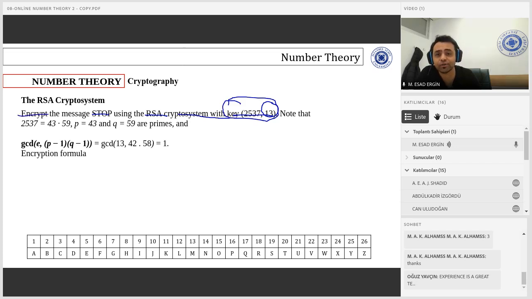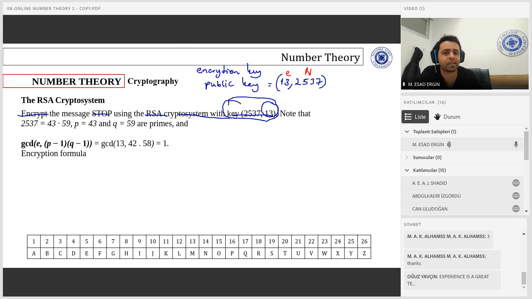That key has to be the encryption key, or we can call it the public key. Public key and encryption key are the same, and it is 13 and 2537, where this one is e and this one is n.